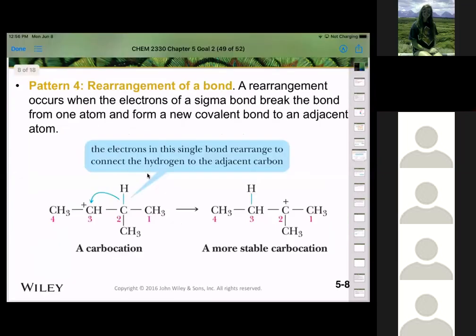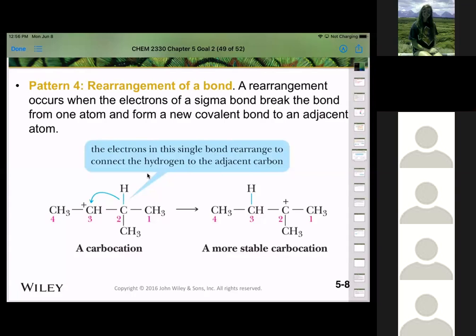It'll also happen in pattern 4 because it'll rearrange to try to make the most stable carbocation possible. So this is most of the time going from a secondary carbocation to a tertiary carbocation. You will never go the other way, but it'll always be a secondary to a tertiary by either moving a methyl group or a hydrogen. Those are the only two things that are going to rearrange to do that.